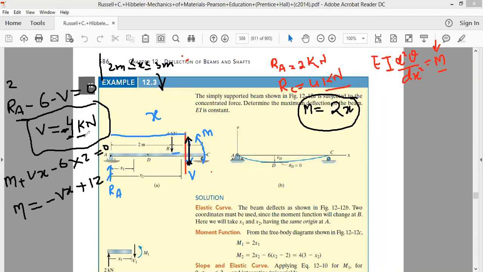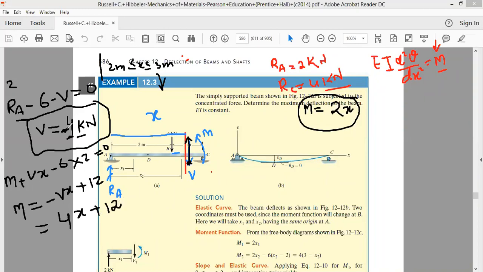As far as our V is concerned, V is equal to minus 4. So it will be 4x plus 12.